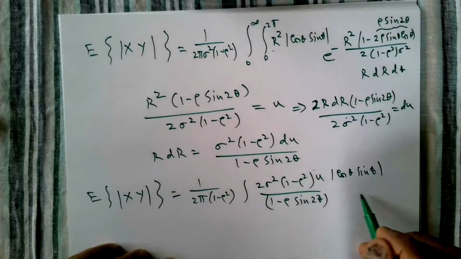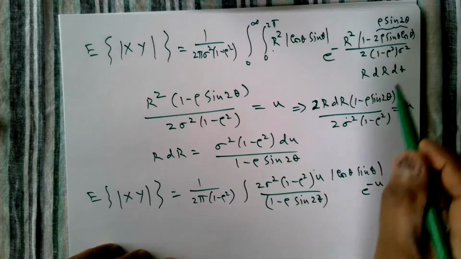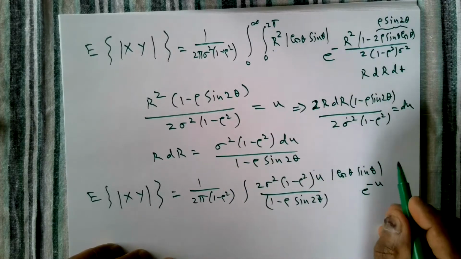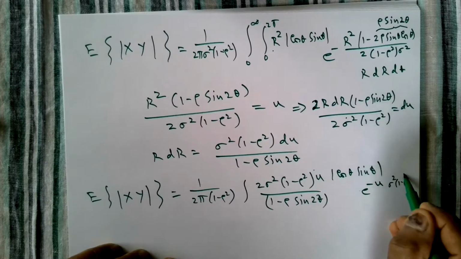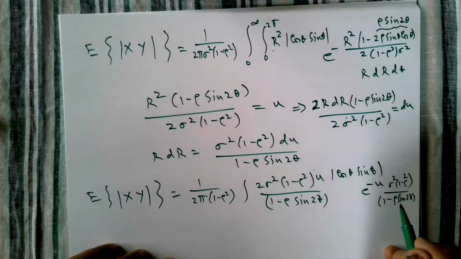Then you have this quantity, that's simply e raised to minus u, and r dr is this quantity, so I'm going to substitute sigma squared 1 minus rho squared over 1 minus rho sine 2 theta du.